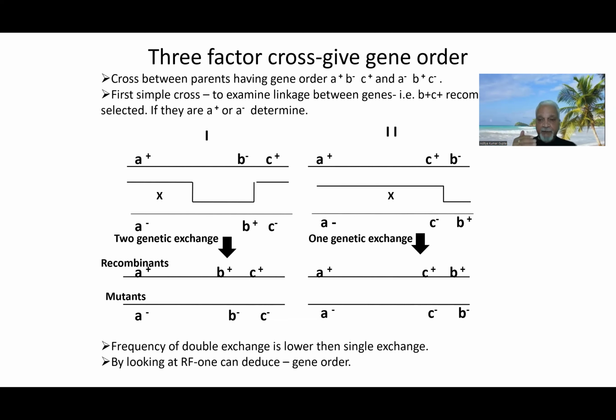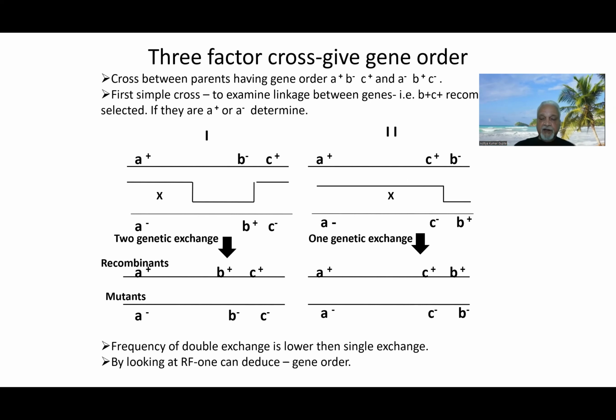So in an experiment, if you see the recovery of A plus C plus B plus is more, then this is the order. And if it is less, then this is the order. Because the order ABC will require two crossovers, which occurs at a lesser frequency.